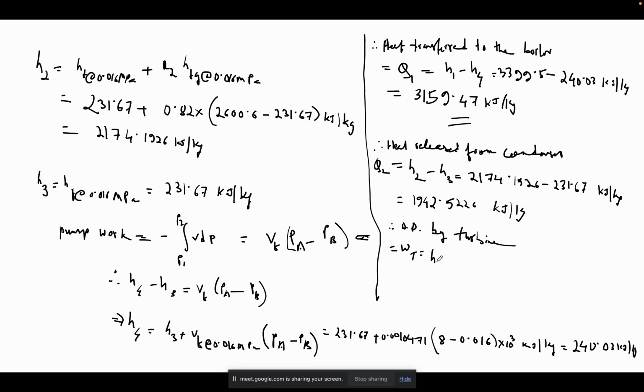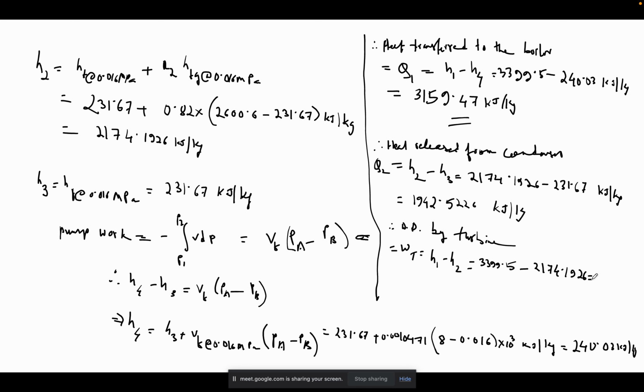What is your H1? 3399.5, and your H2 is 2174.1926.